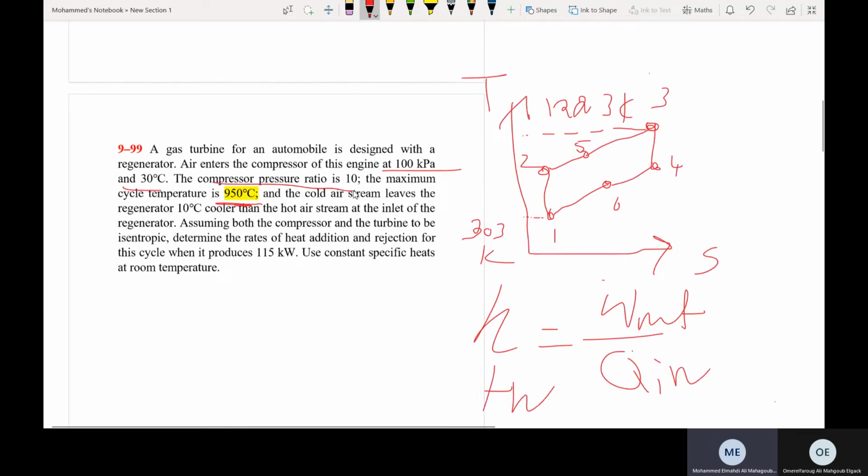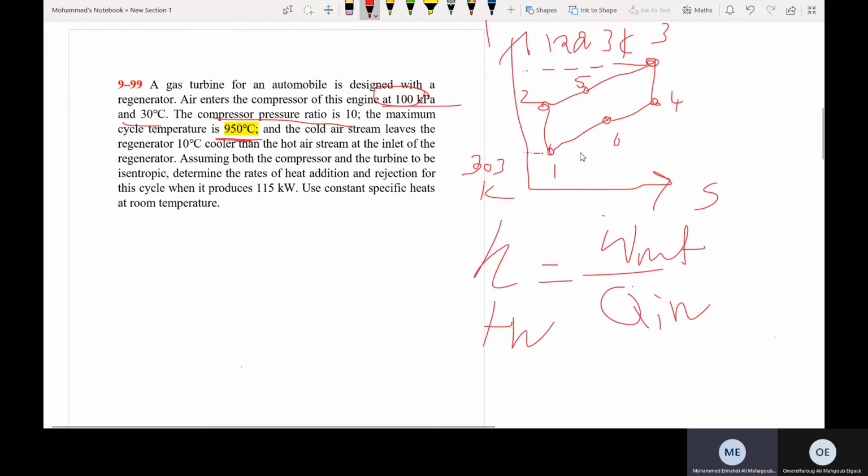And the pressure ratio is 10. He tells you that the lower pressure is 100 kilopascals. So this whole pressure, this is a constant pressure process, remember? All of it will be 100 kilopascals. So the upper pressure is going to be 1000. Why? Because the pressure ratio is 10.